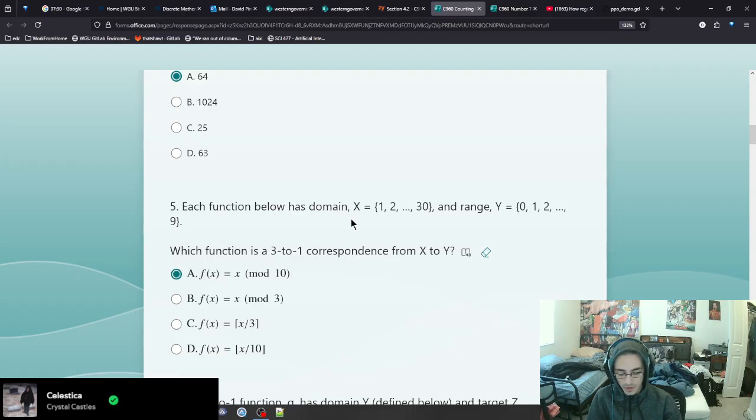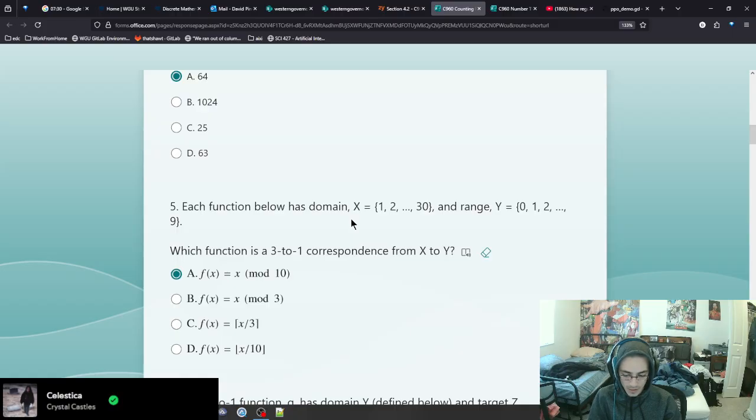I don't really know if this is how you do it, but I don't care. Alright, so we got mod 10. What I'm doing is I'm looking through the function thing on my calculator. I just plugged in x mod 10 and I'm sifting through it, and I'm just kind of checking that.